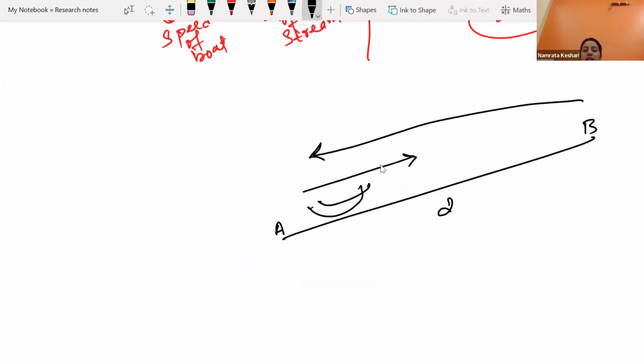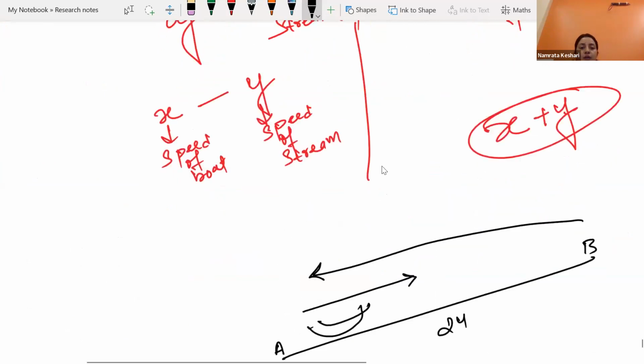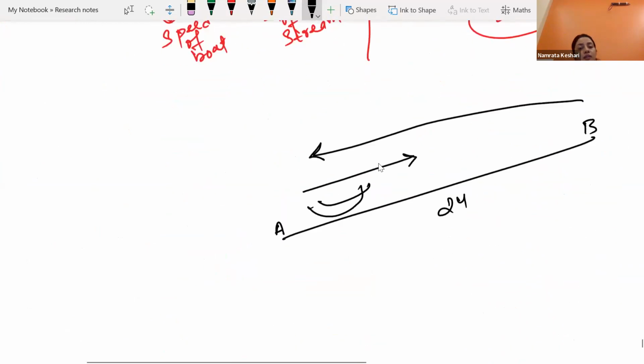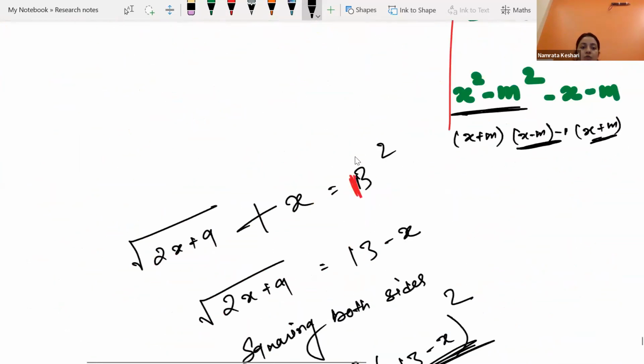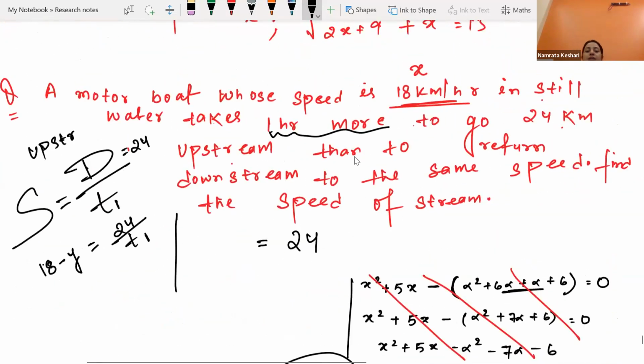So in both scenarios, upstream and downstream, the distance will be the same. One time it has to go in the direction of the stream, another time against the direction of the stream. Distance is 24 kilometers in this case also, but the speed will be x plus y, 18 plus y, where y is the speed of the stream.